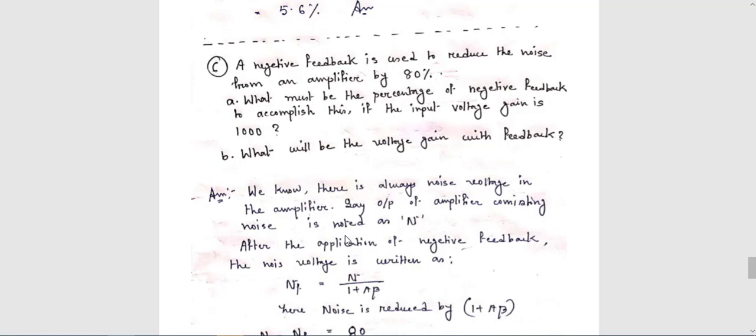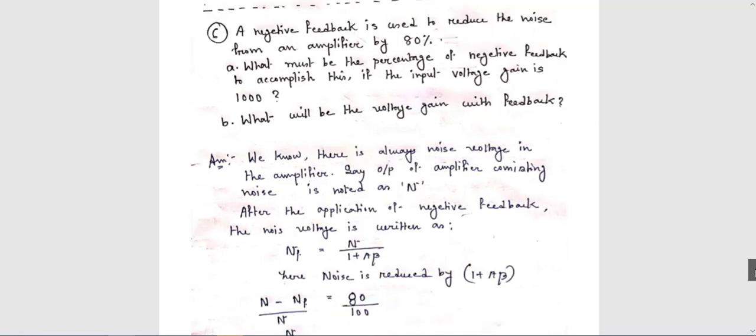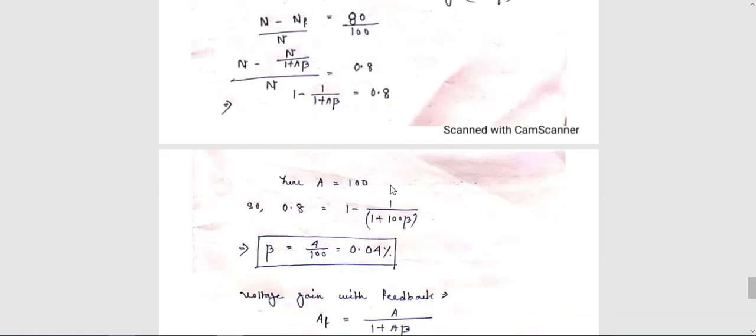Again, what is given? What must be the percentage of negative feedback? That means you have to calculate beta if the voltage gain is given.